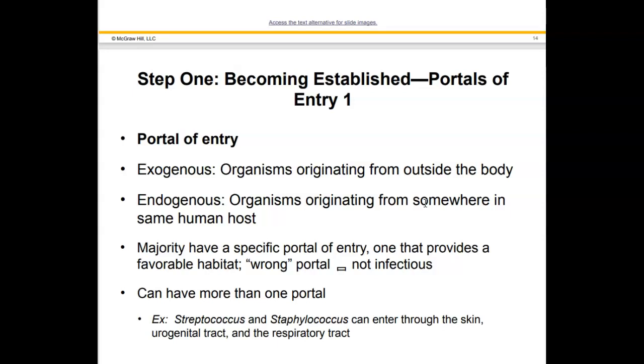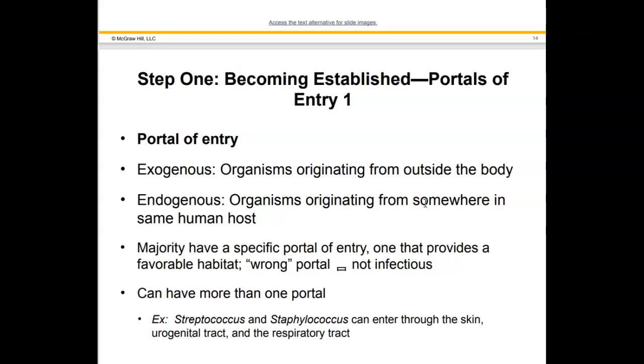It could be what we talked about with opportunistic pathogens, such as a yeast infection. Exogenous sources can come from contaminated food, medical equipment, soil, water, contact with other animals, and of course contact with other humans.